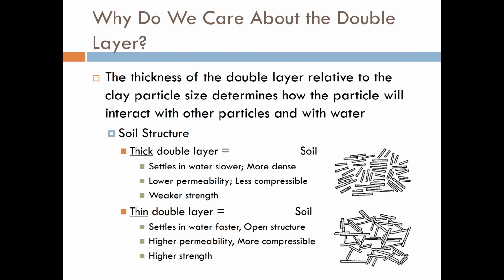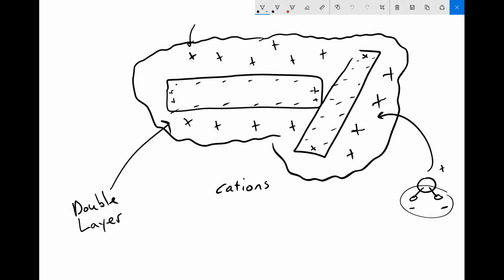So a couple of things that are important to understand about the double layer and why we should care about it. For instance, the thickness of the double layer relative to the clay particle size is going to determine how the particles are going to interact with one another. So for instance, if I have a really thick double layer, then this type of thing, where we see the two particles touching like that, isn't going to happen because the double layers are going to try to keep these particles apart.